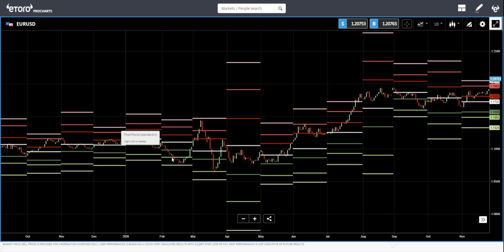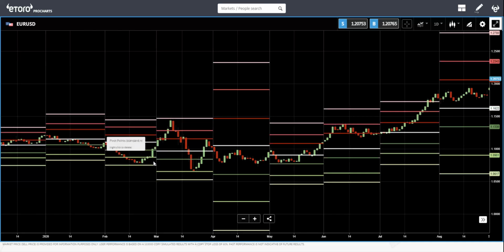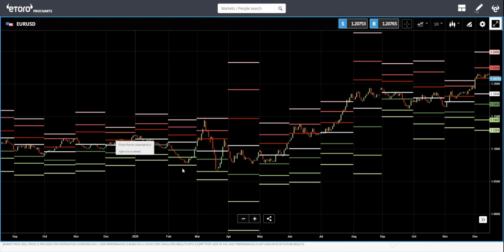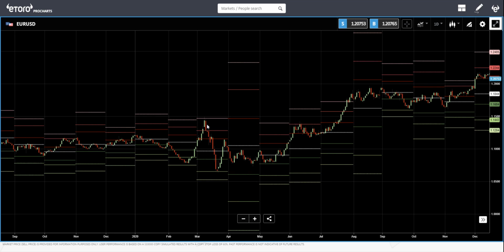Again, when this passes the next support level, just shift the stop loss somewhere above the support level here and let the trade go. And as I said, these levels are very good and they work very nicely as a reversal, or if we pass through the lines, it's a very good indication of the continuation of the current trend.